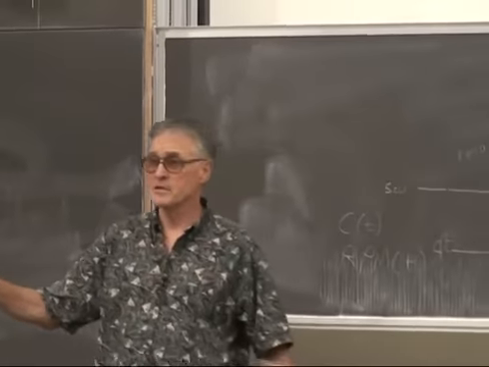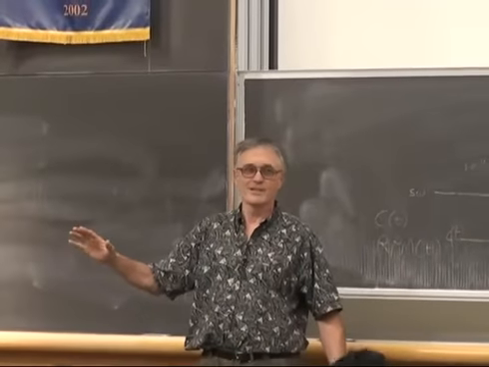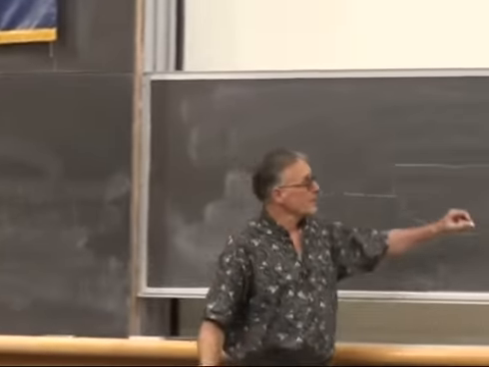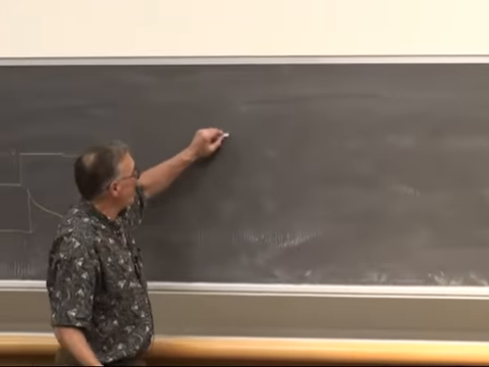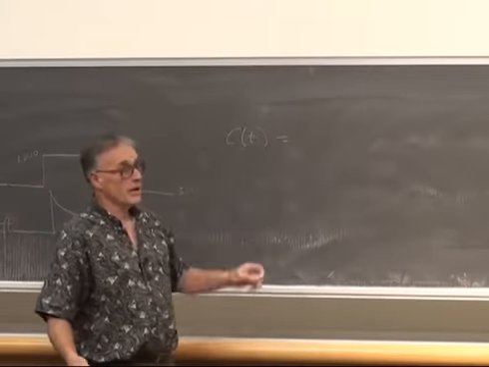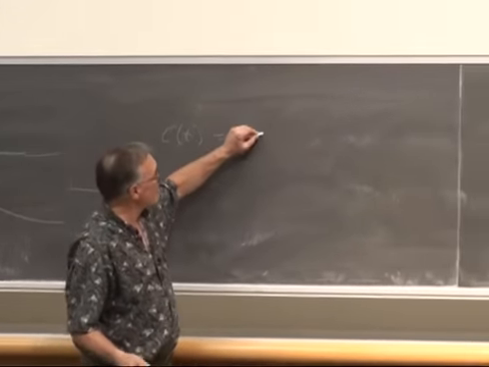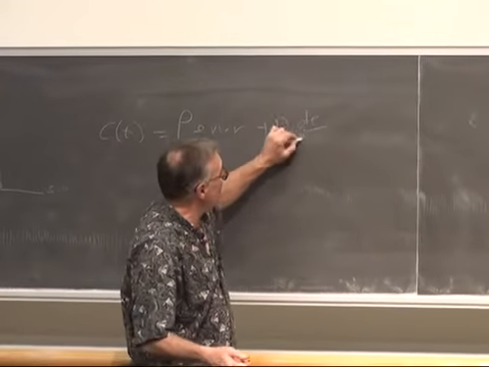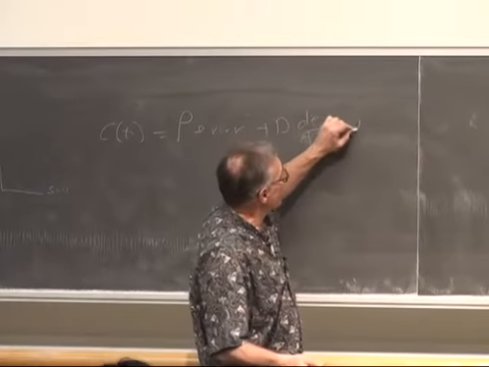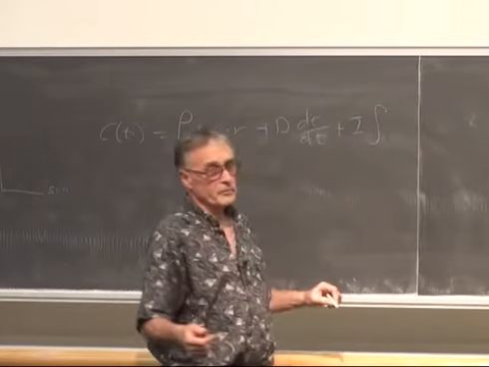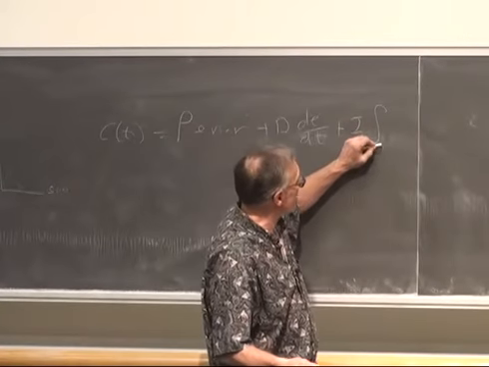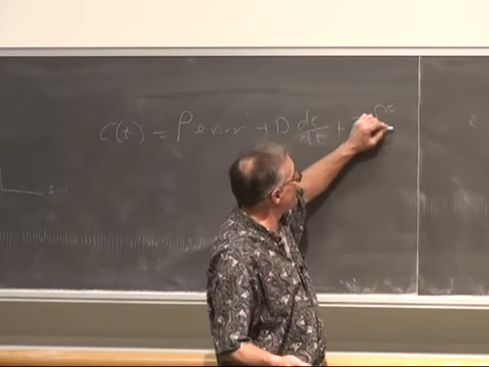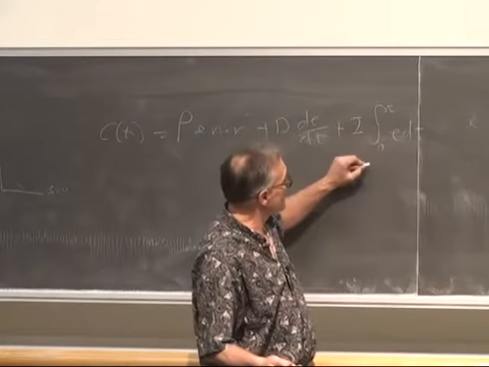So everybody remember what C of t is? C of t is going to be calculated as a combination of some proportional gain times an error, plus a differential gain times dE dt, plus an integral coefficient times the integral from zero crossing to t of e dt.